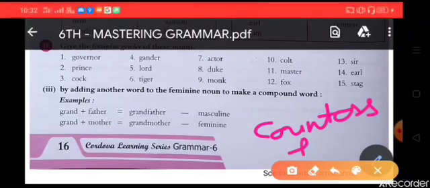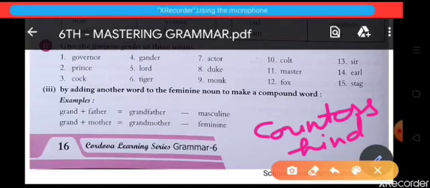Stag, hind. This you have to write in the copy as well as in this book also.